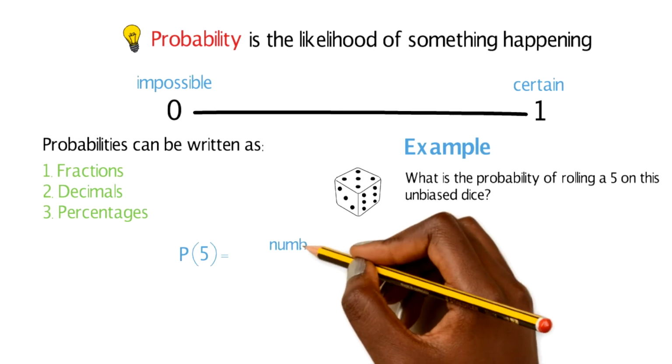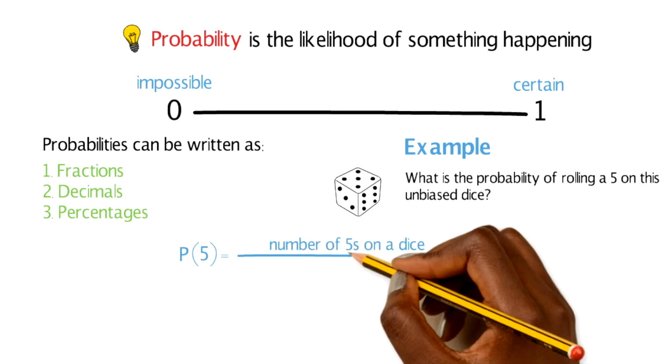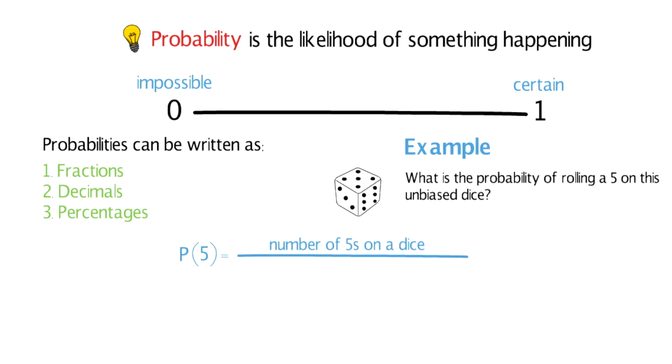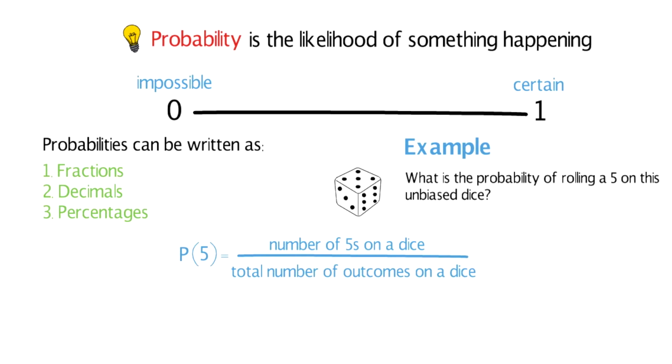So the probability of rolling a 5 would be the number of 5s on a dice over the total number of outcomes on a dice. And by total number of outcomes, I mean all the different spaces on a dice. There's only one 5 on a dice, and we know that there's 6 outcomes on a dice. So that would be your probability.